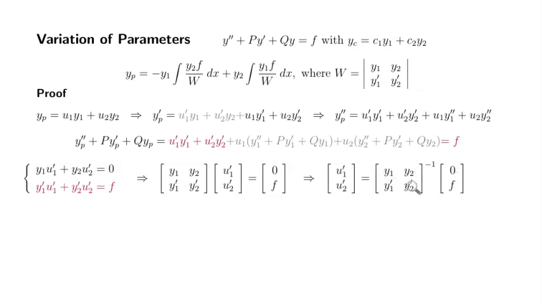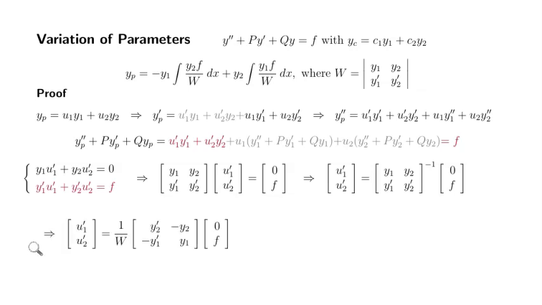Using the formula for the inverse of a 2 by 2 matrix, we know that the inverse is 1 over the determinant of the matrix, and we switch these two entries and put a negative sign on the other two. So we have the inverse matrix, which looks like this.